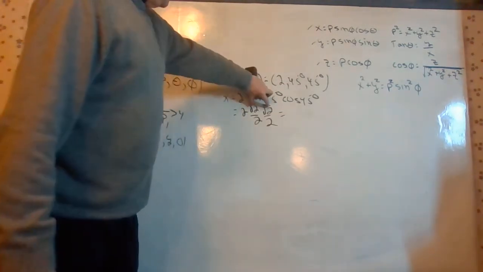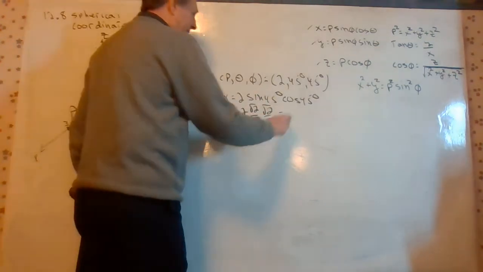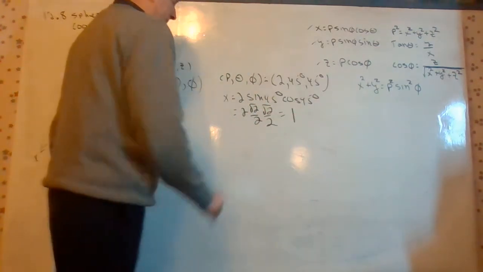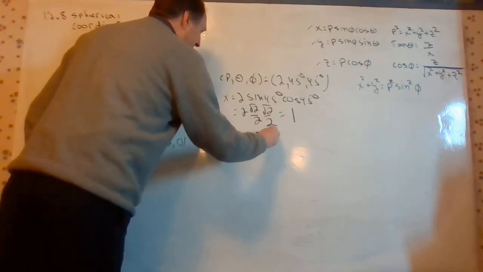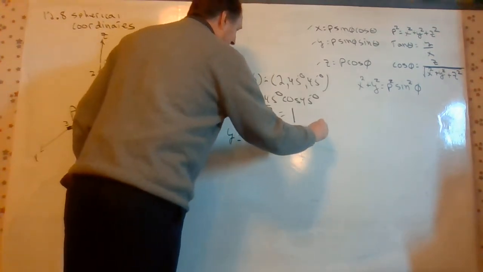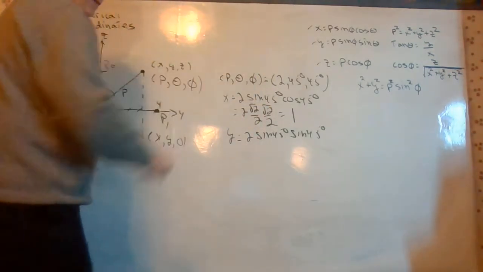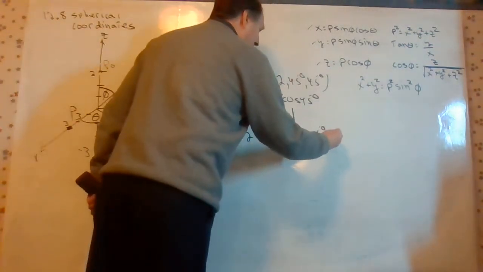That's really just a 2. 2 times 2 is 4, and 4 over 4, guess what? We get 1. Y equals 2 sine 45 sine 45, same thing. And that's going to be 1 as well.